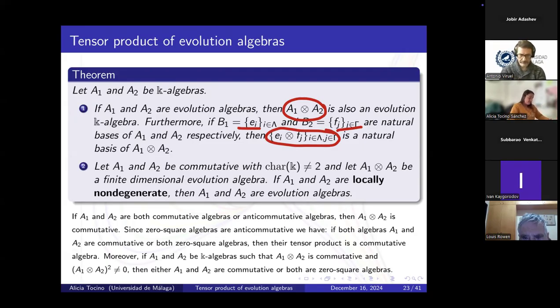Conversely, if A1, A2 are two commutative finite-dimensional algebras, and A1 and A2 are locally non-degenerate, then they are evolution algebras.